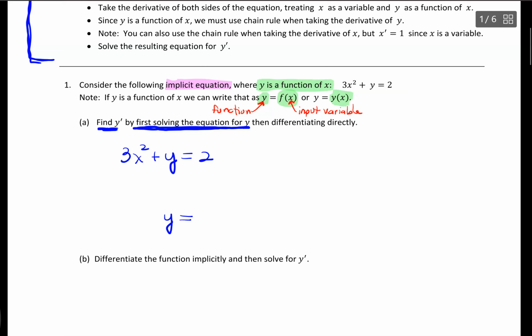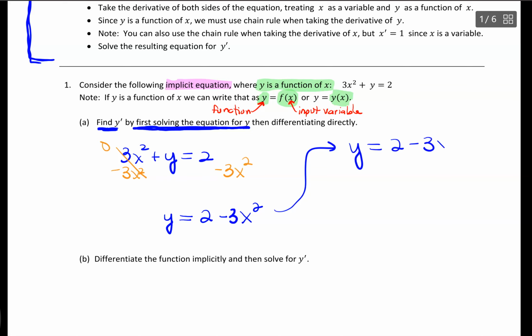All I have to do is subtract 3x squared from both sides. And now I have an explicit equation. So see how easy it was to get the y alone? Now I can take the derivative of that, no problem. If y is equal to 2 minus 3x squared, then what's the derivative of y?